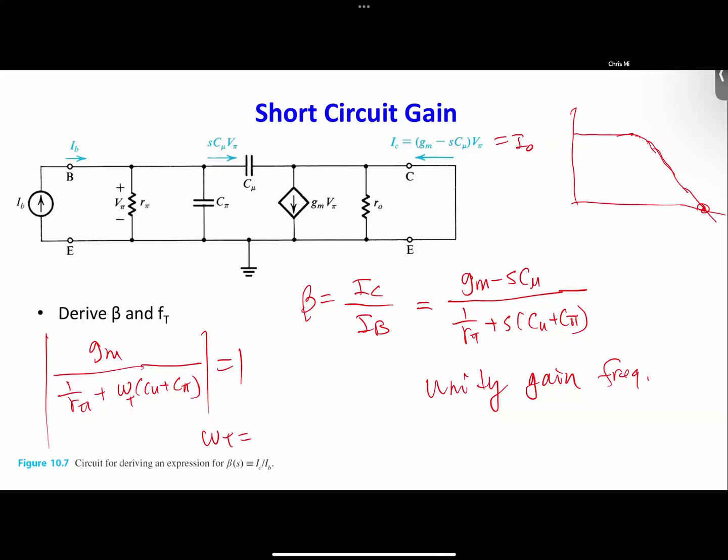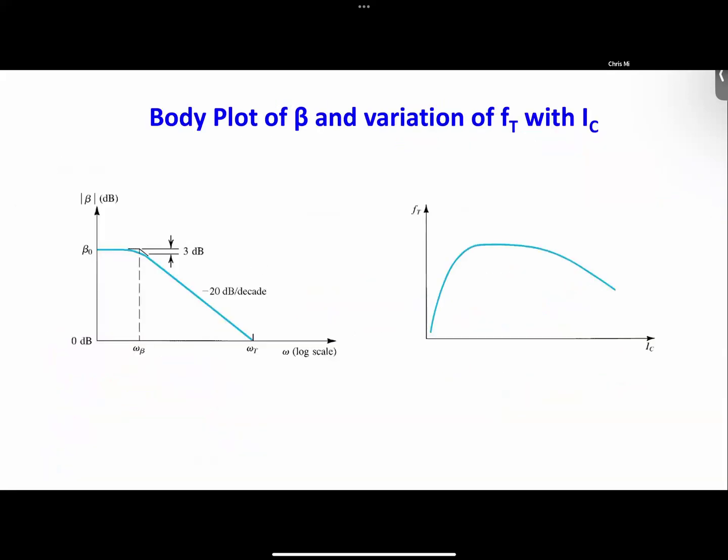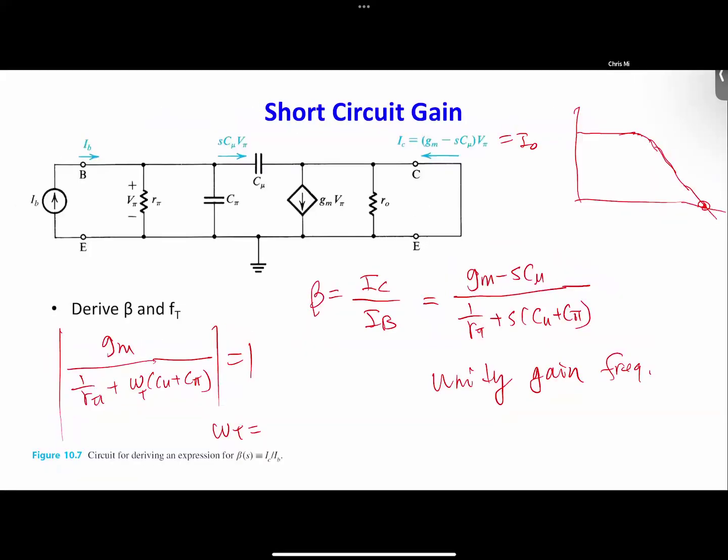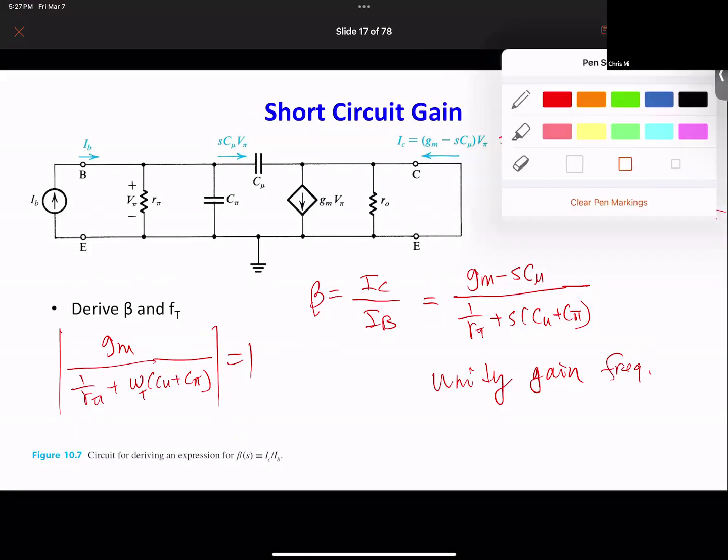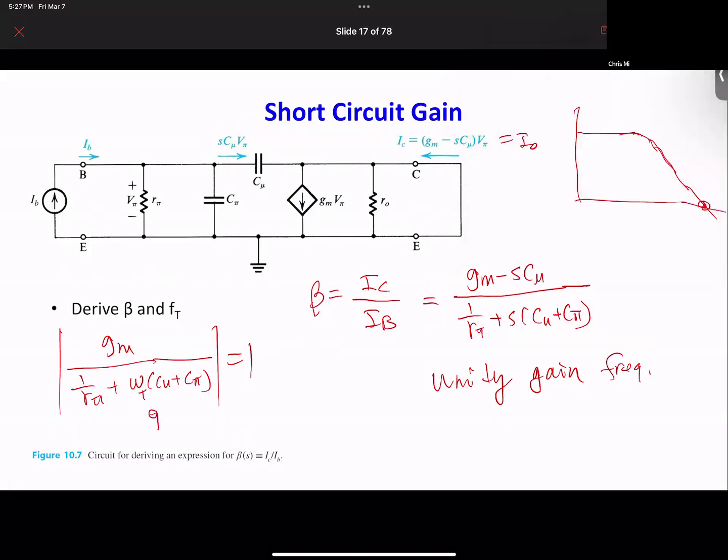So if I do one step further, if I multiply R pi on both of this, I would have GM times R pi over 1 plus omega t times C mu plus C pi times R pi.